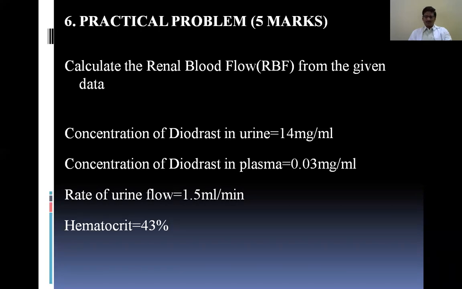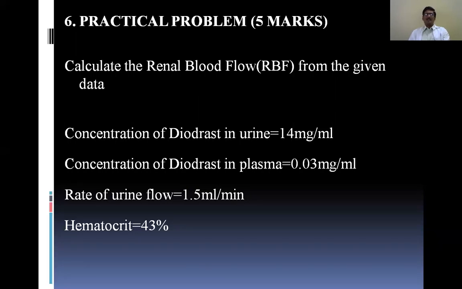Meaning, when we get blood supply as a renal artery and it leaves as a renal vein, partly by filtration and mostly by secretion, if the blood loses all the content of that particular substance, in that case the excretion rate will be equivalent to the renal blood flow, or to be more precise, renal plasma flow.